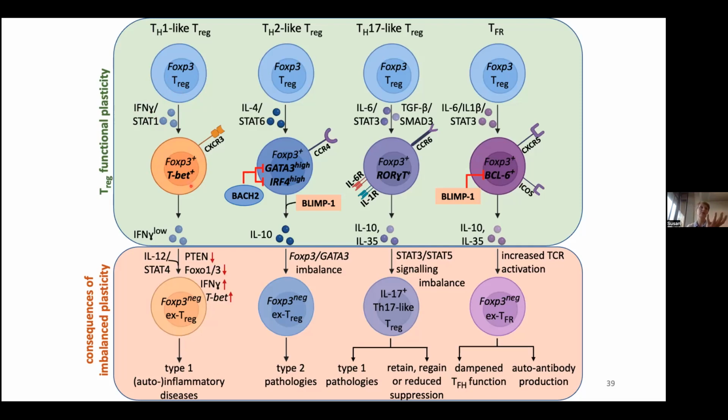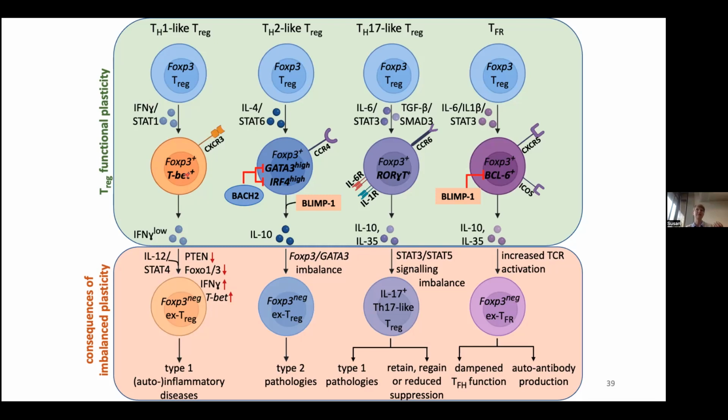This transcription factor expression is very important in T helper-like Treg. It is required for the cells to express the respective chemokine receptors to co-localize with their target T helper cell type, to efficiently suppress.